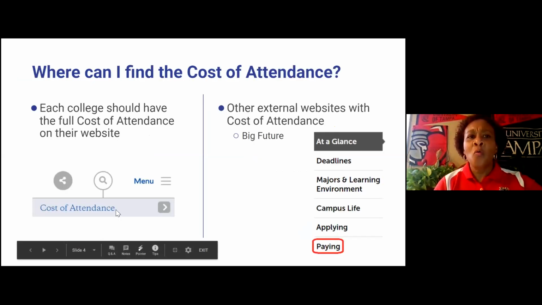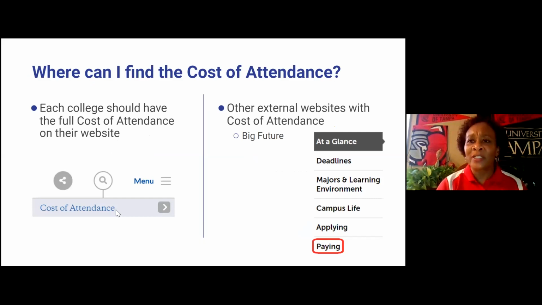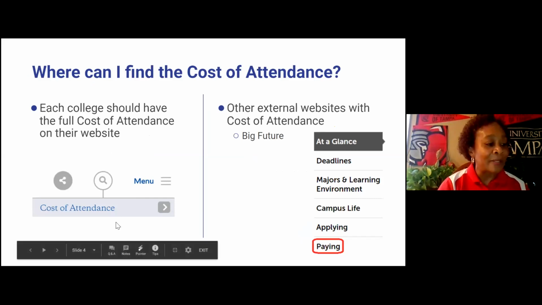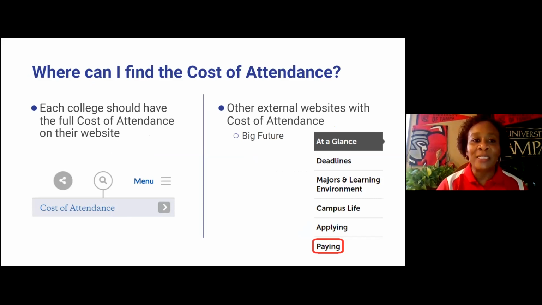Okay, so where can I find the cost of attendance? Every college or university should have cost of attendance on their website. Probably the easiest way to find it is to do a search.